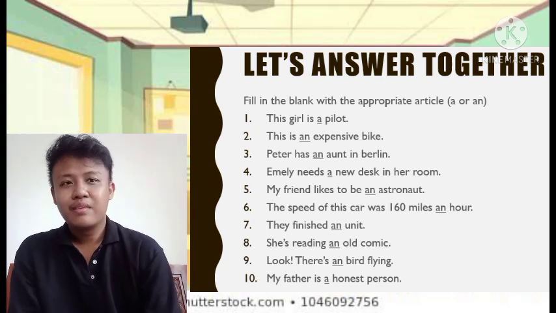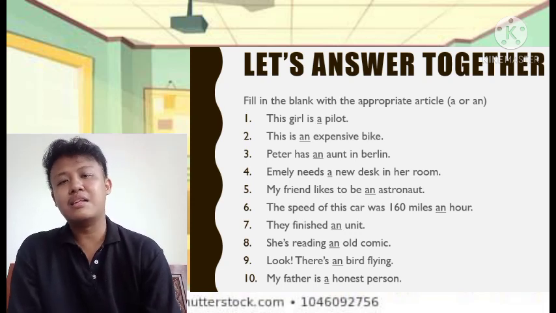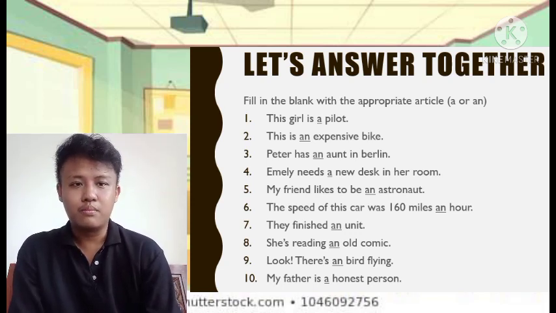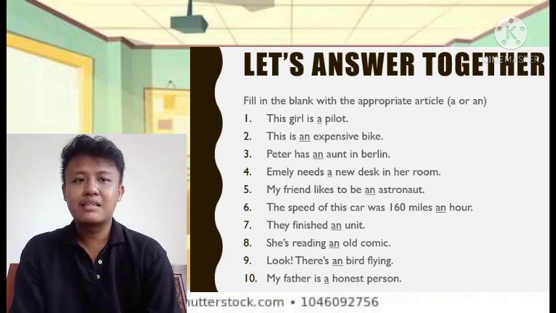Number two, this is an expensive bike. Number three, Peter has an aunt in Berlin. Number four, Emily needs a new desk in her room. Number five, my friend likes to be an astronaut.